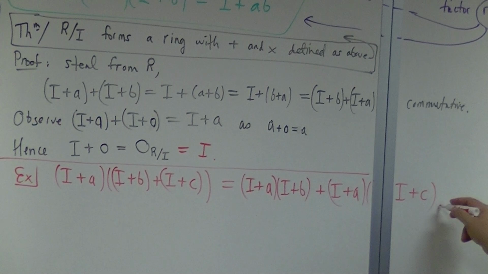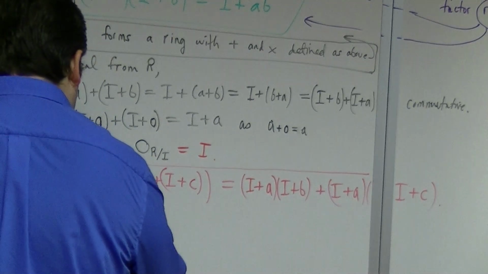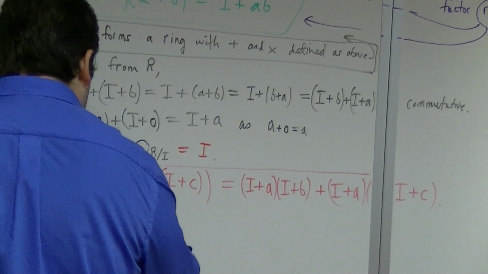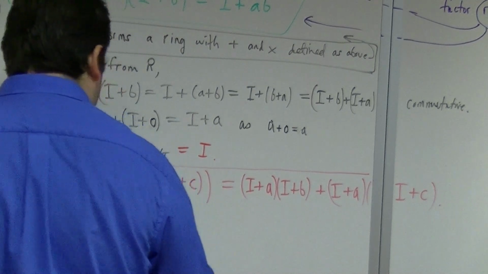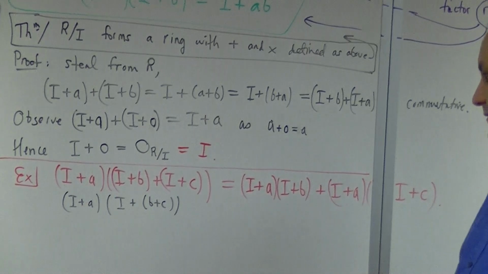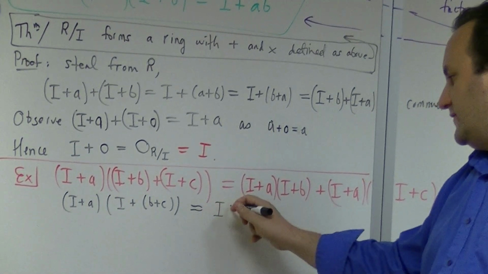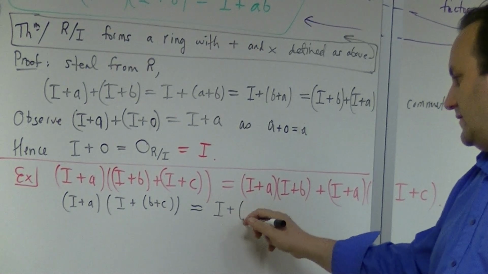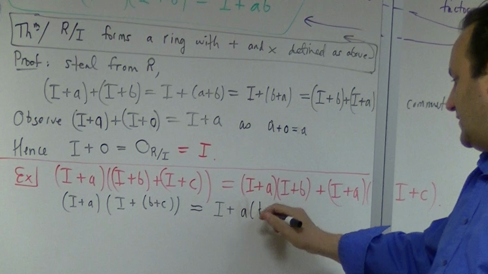So, oh fine, I'll show it. So this is I plus A times I plus B plus C, right? And what's that equal to? Well, that's equal to I plus, by the definition of the product, A times what? B plus C.